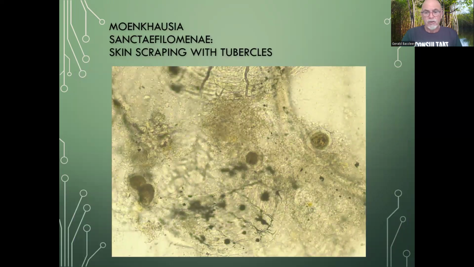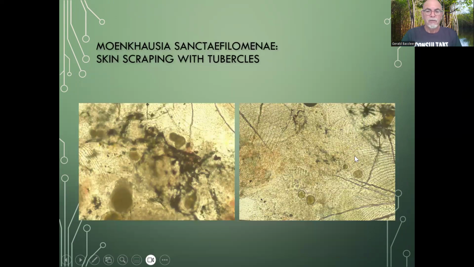Then we took a skin scraping and we found in the scales, on the skin, all tubercles. Here, quite a few. And here, on the other parts, all tubercles inside the scales. That means there is an outbreak of an infection on the scales, and the tubercles are caused by a reaction of the skin to defend itself, to encapsulate the bacteria.